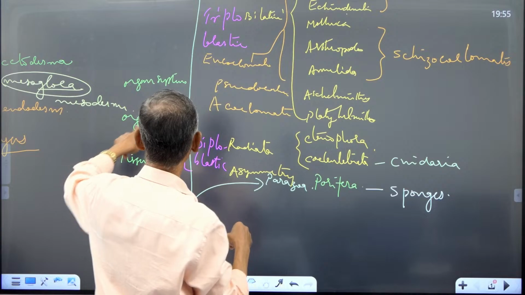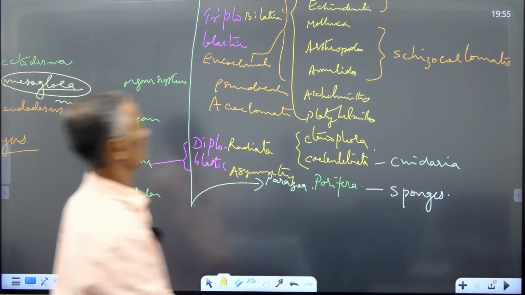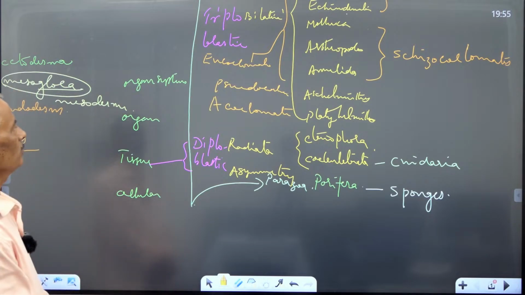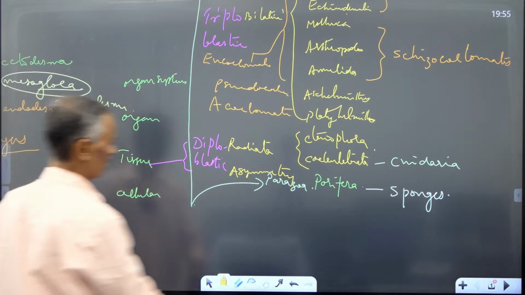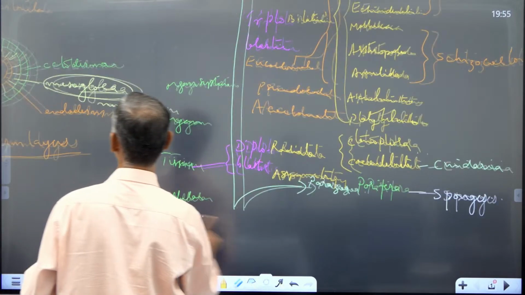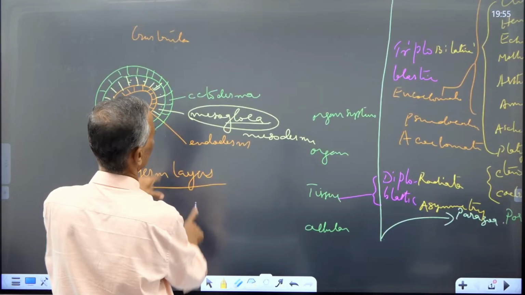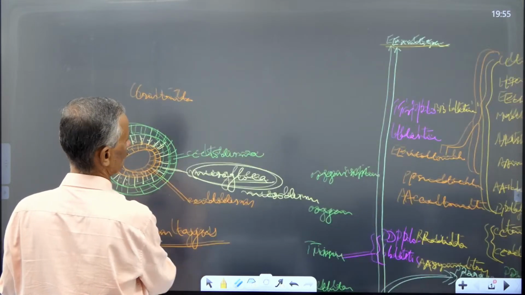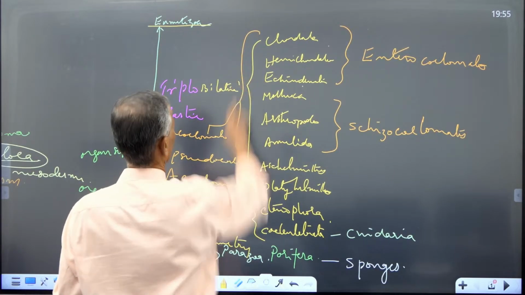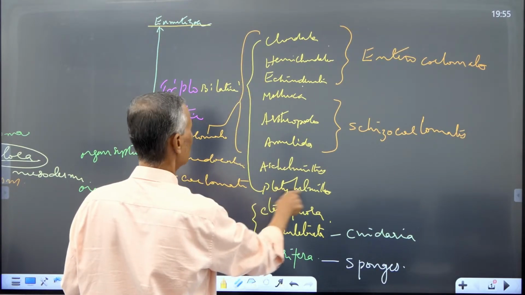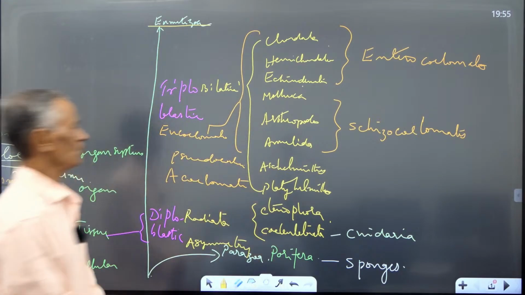They have organ system grade of organization. So platyhelminths are triploblastic, having three germ layers, and they are the only triploblasts which are acoelomate, having no coelom.